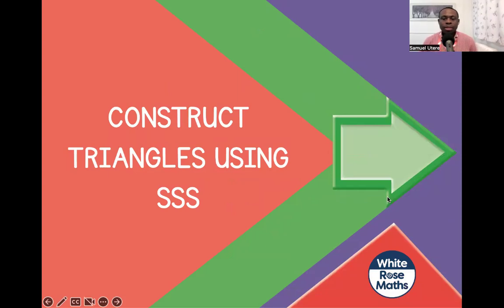In your previous lesson, you learned how to identify different polygons up to decagon. In today's lesson, you're going to learn to construct triangles using SSS. SSS stands for side, side, side.